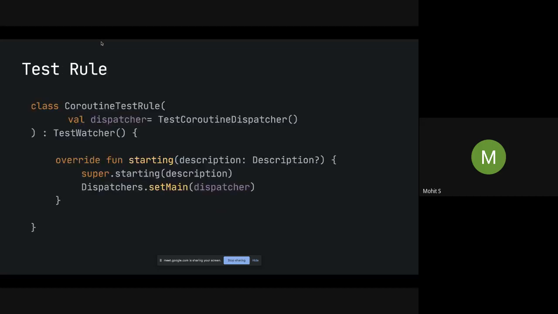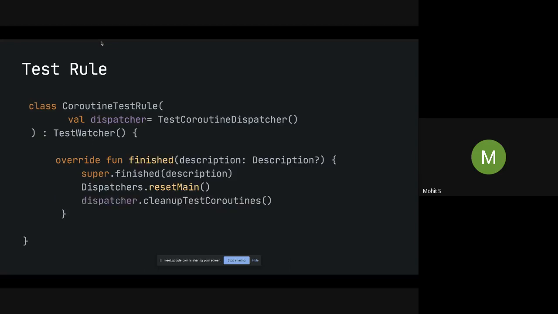The common pattern that's followed in the community is to create a test rule. Inside of this test rule, I'm creating my own dispatcher using the TestCoroutineDispatcher constructor. The starting method gets called before your test starts, and in there I'm setting main to be this dispatcher. And then when your test tears down, this method gets called where I do my cleanup.